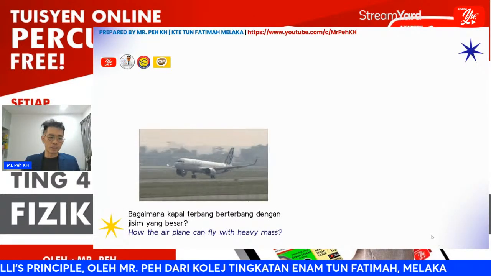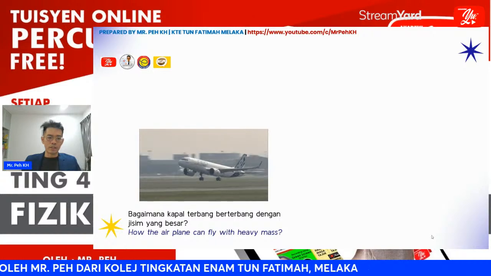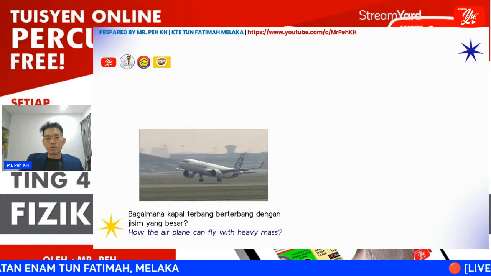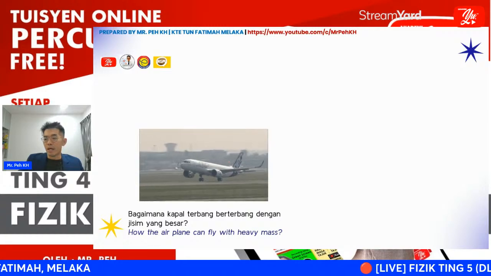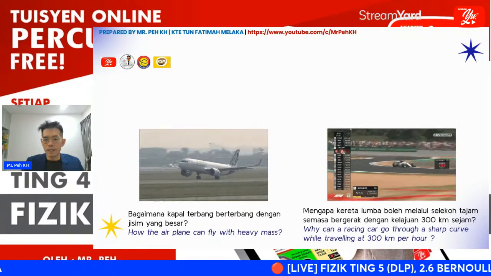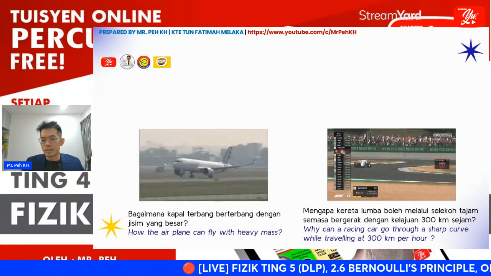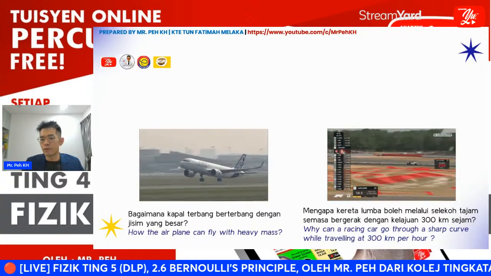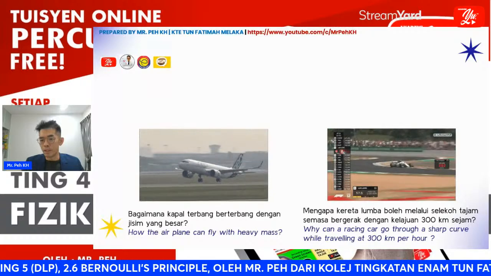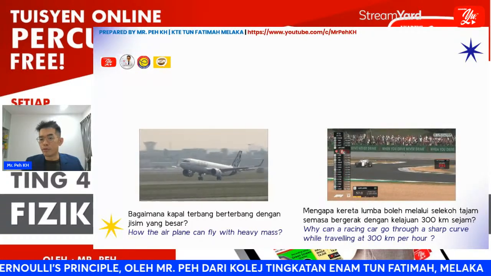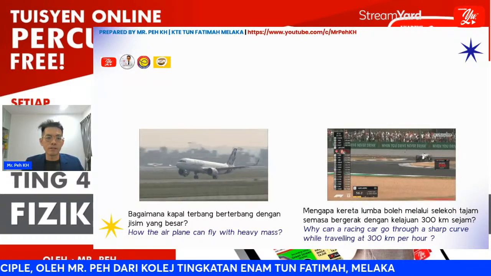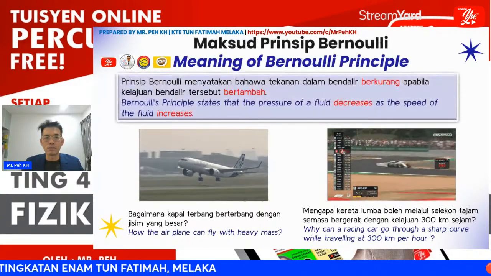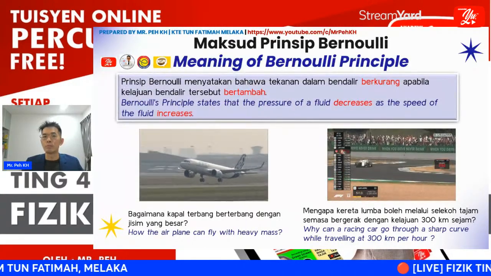Here you can see the diagram showing the aeroplane able to fly although it has a heavy mass. Secondly, you can see the racing car is able to go through the sharp curve or corner at higher speed without falling down. Why can these 2 phenomena happen? This is related to Bernoulli's principle.